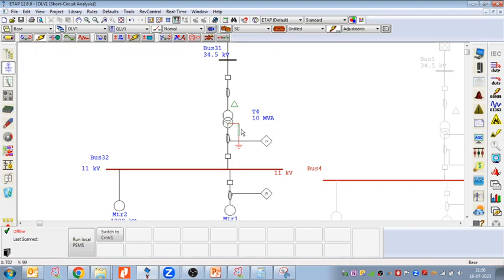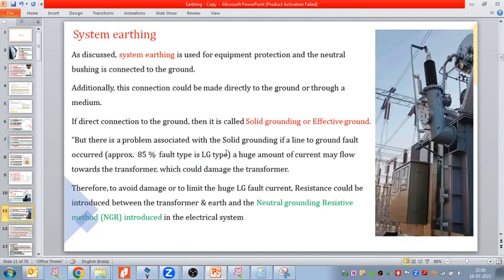And why is this neutral grounding resistance introduced here? The basic concept is to limit the line to ground fault current, for equipment protection, and we achieve this equipment protection by limiting the line to ground fault current, right?